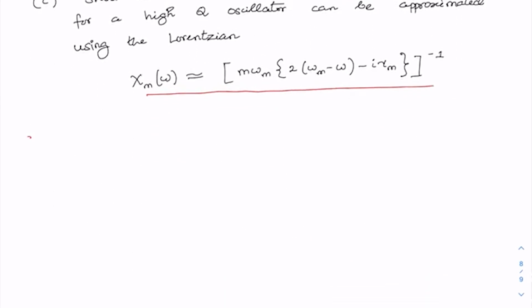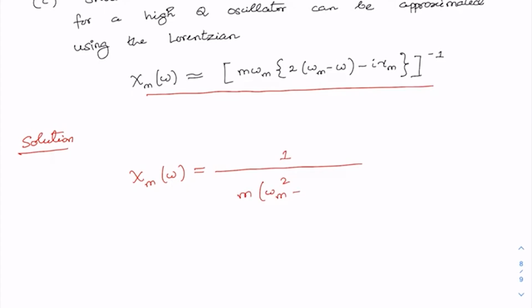It's a simple problem. Let me first of all write down the expression for chi m, the mechanical susceptibility, that is equal to 1 divided by m into omega m square minus omega square minus i gamma m omega. Okay, so this is what we have.